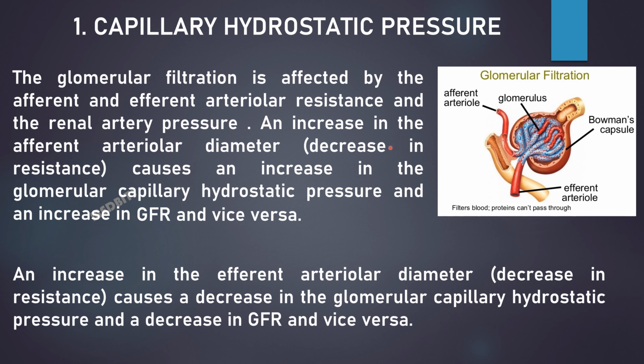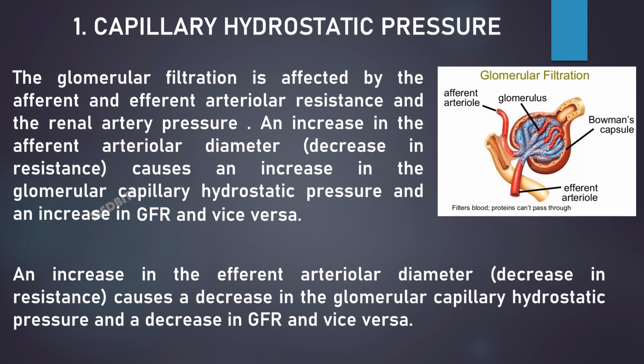And then it helps to increase the glomerular capillary hydrostatic pressure, and hence the GFR also increases. Which means if the afferent arteriolar diameter is increased, that helps to increase the capillary hydrostatic pressure.